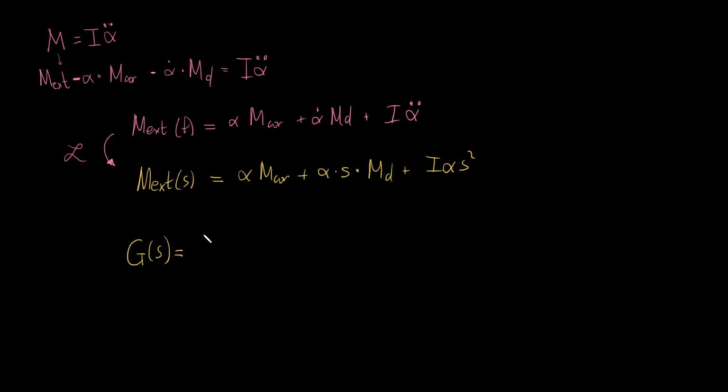The transfer function between the output, our output is the angle of attack, and our input is the external moment, is 1 over s squared times the damping moment plus the corrective moment.